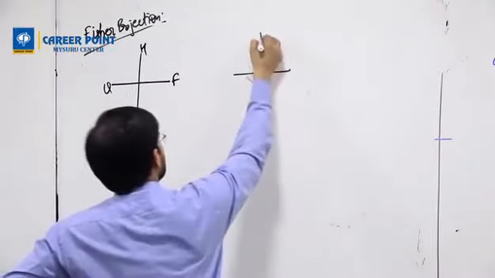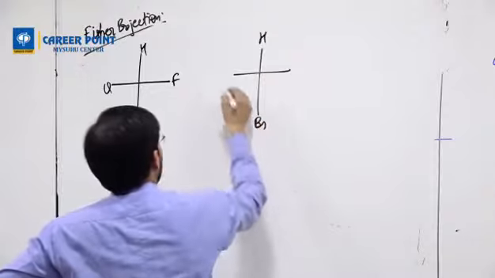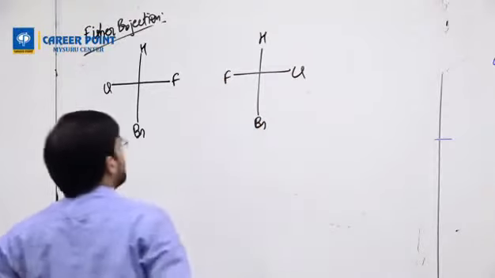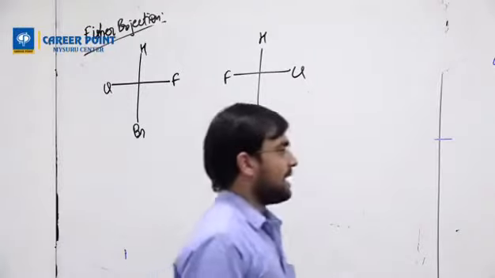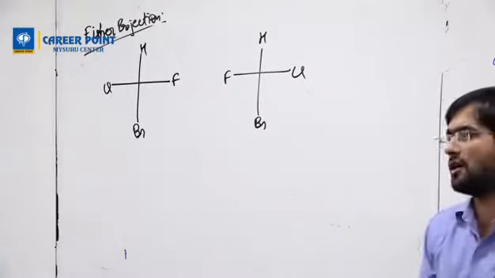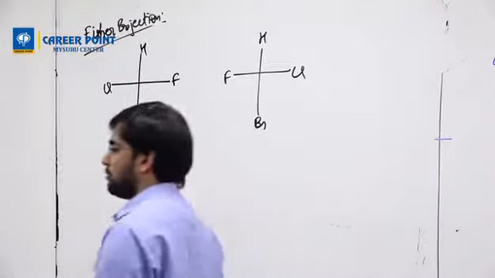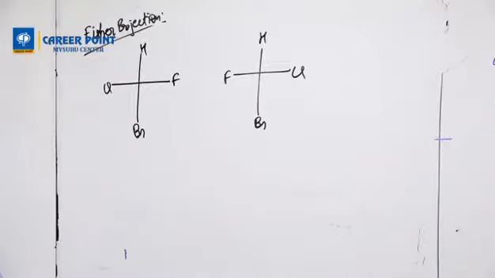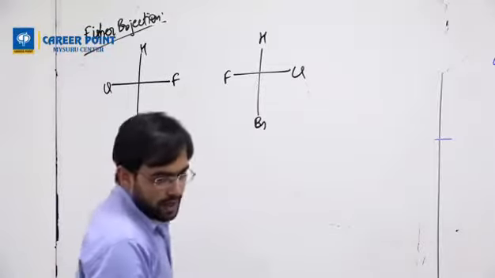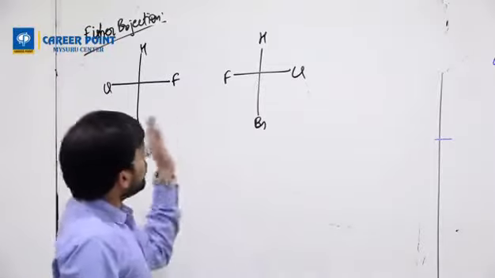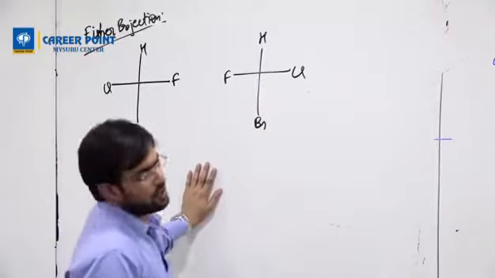Another compound is H, Br, F, Cl. They will ask you whether both compounds are same or different. Okay. So now, to talk about whether both compounds are same or not, what do we do?